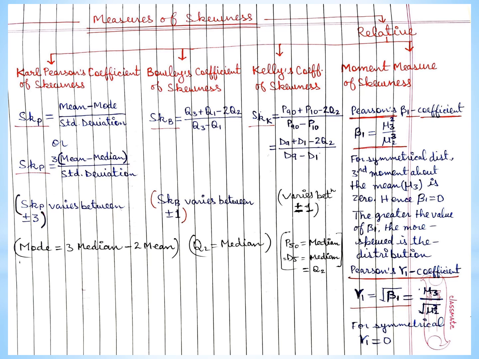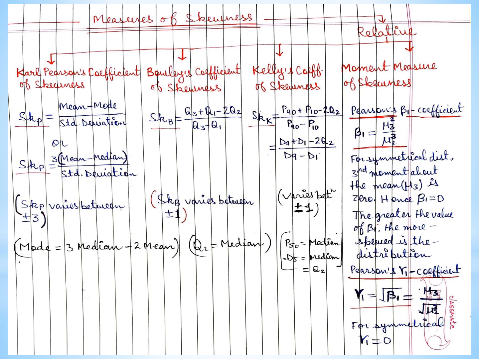Now come to the fourth formula of skewness, that is the moment measure of skewness. So let's come to Pearson's beta 1 coefficient.